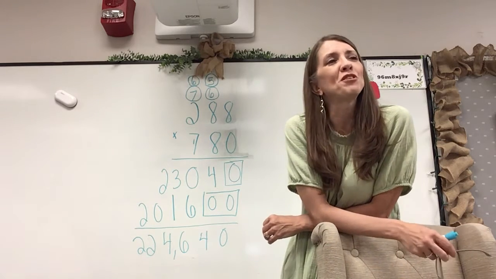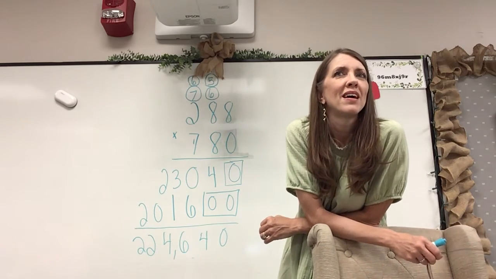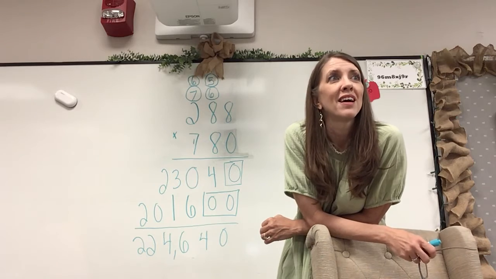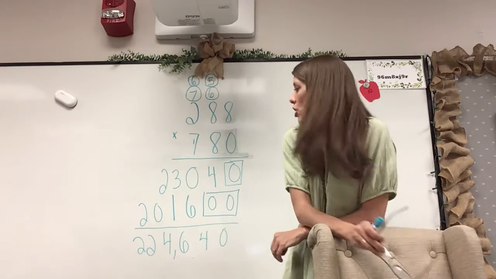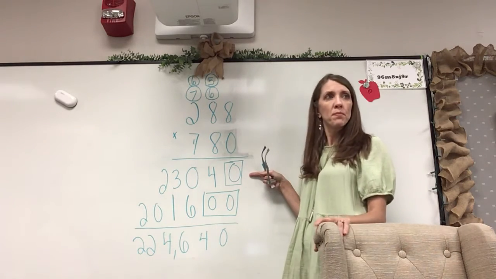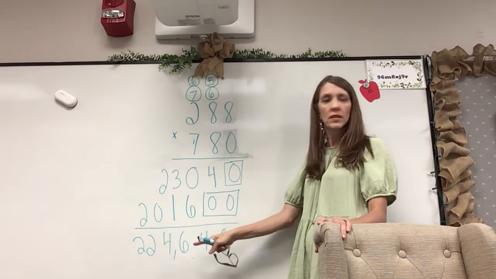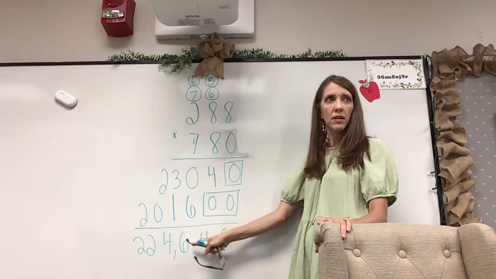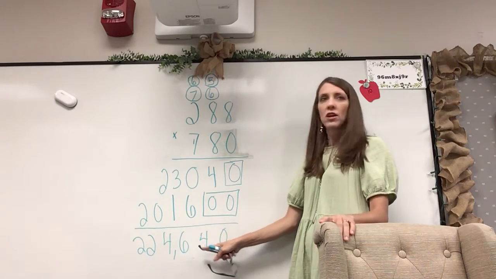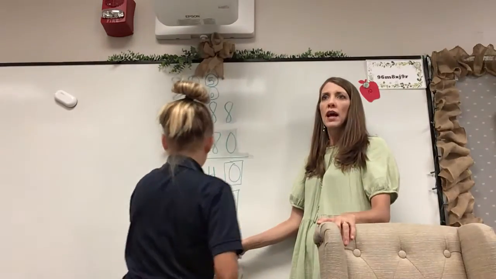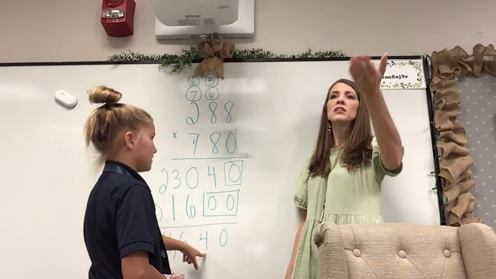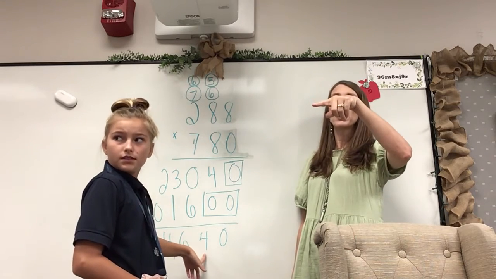Bria, what'd you do wrong? I don't know. You don't know. So, did you get the first step right? After the 6 in the answer, I put another 6. Where? Right here.